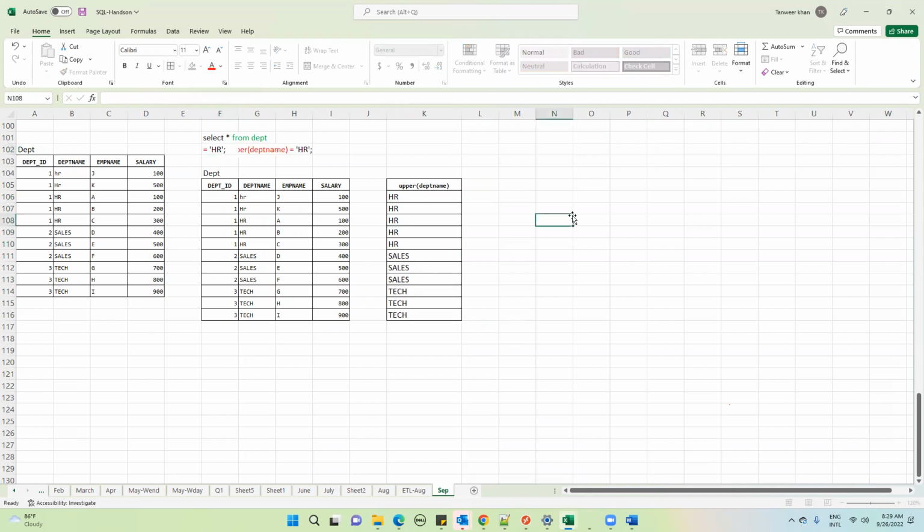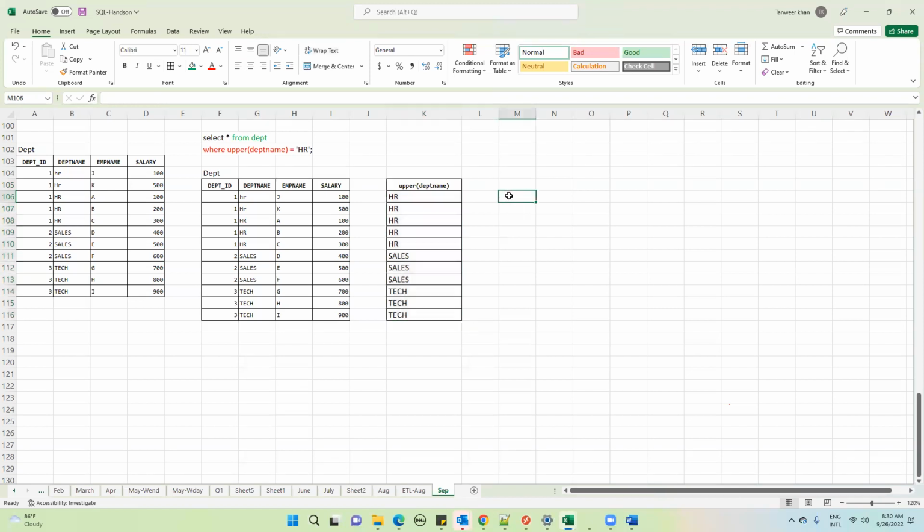It means you are telling the SQL engine to convert this department name to uppercase, and it has converted all the departments to uppercase. Then you are telling it to compare this with the equal operator. Equal means you want to compare this with something. With what? With the value given as HR.